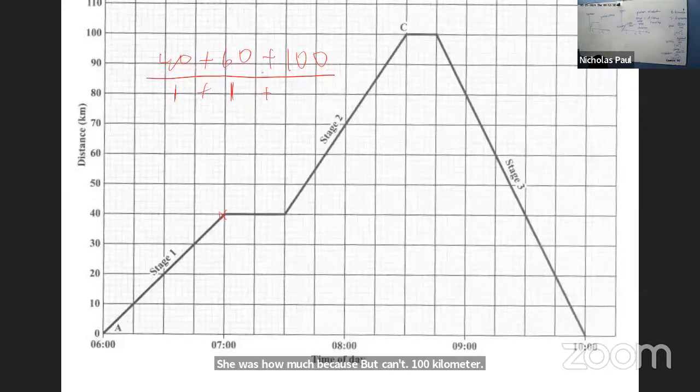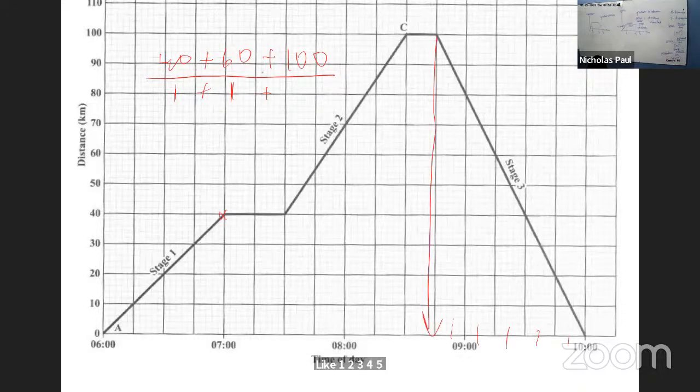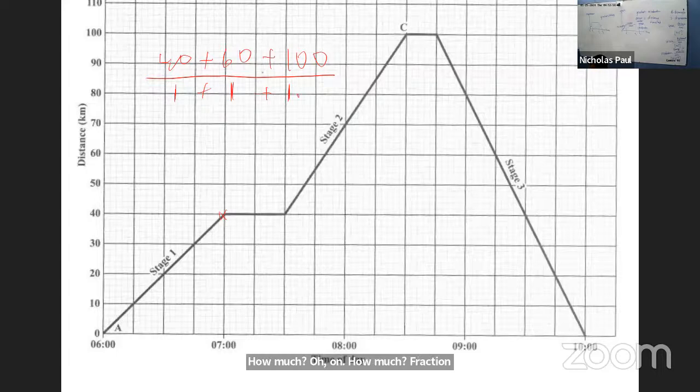That looks like 1, 2, 3, 4, 5 blocks. How much is an hour? How much is 5 blocks? 1 hour and a fraction, 1.25, as a quarter.